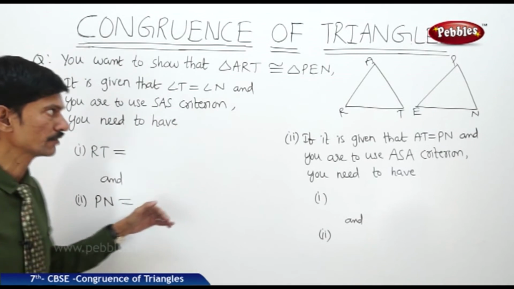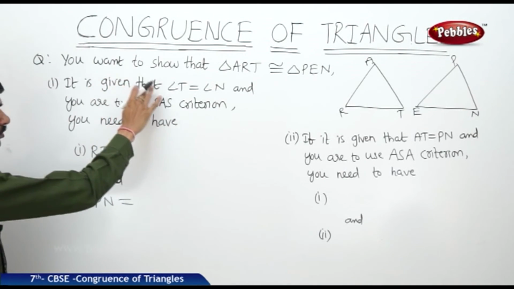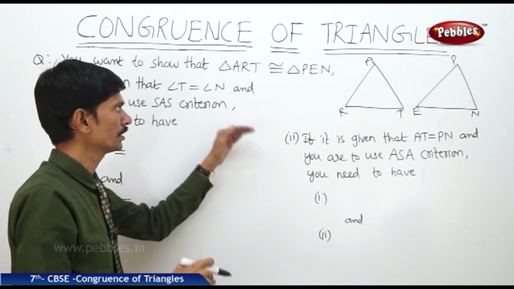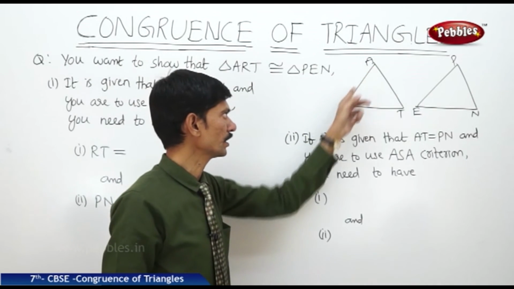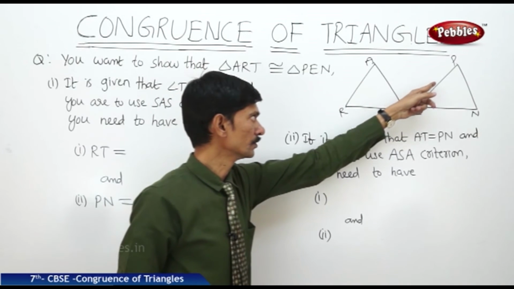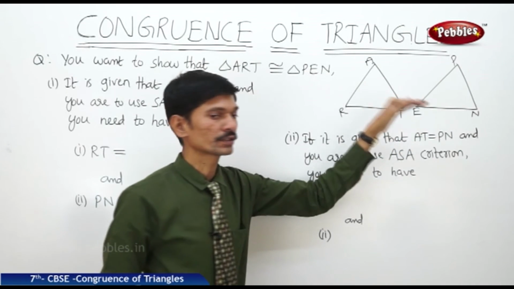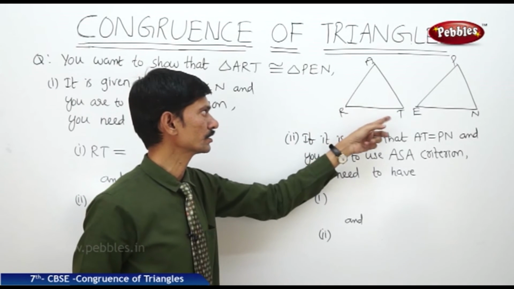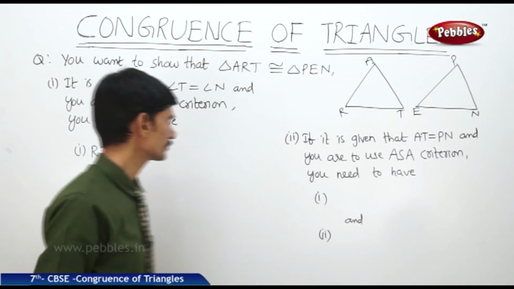Now let us solve the next question. You want to show that triangle ART is congruent to triangle PEN. Here the two triangles ART and PEN are given. We have to prove that triangle ART is congruent to triangle PEN.